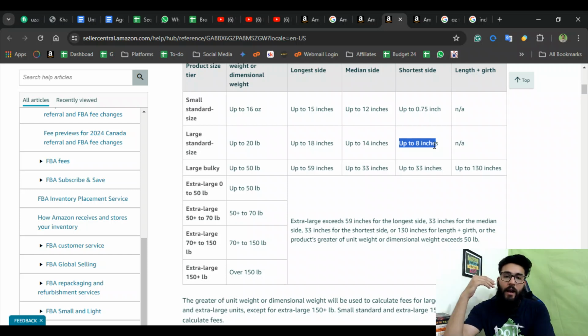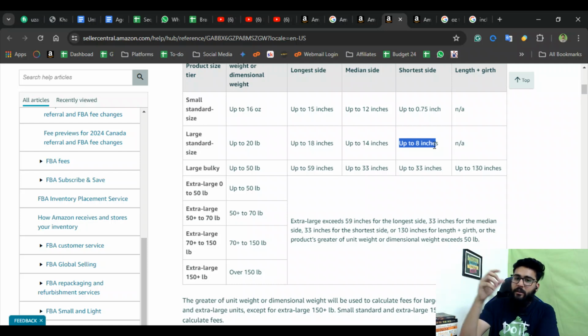We already had the samples of our competitors, like what their products are. Our product was something like these boxes. If you can see my screen, I think now you can see kind of these boxes. So I was thinking, can we decrease our shortest side, this one, to 0.75 inches?